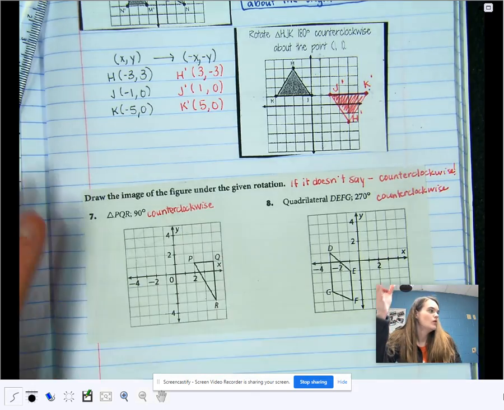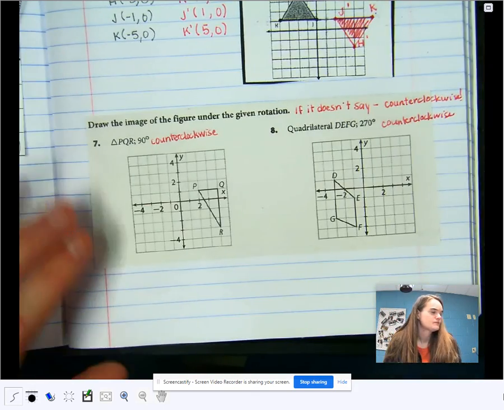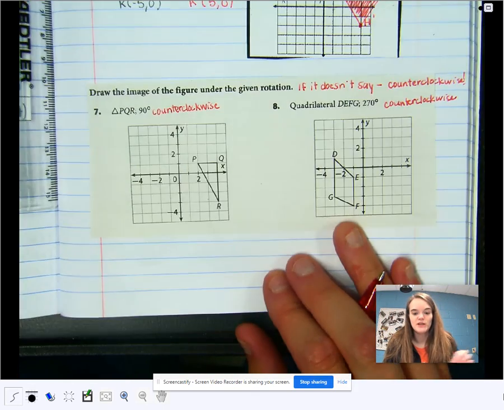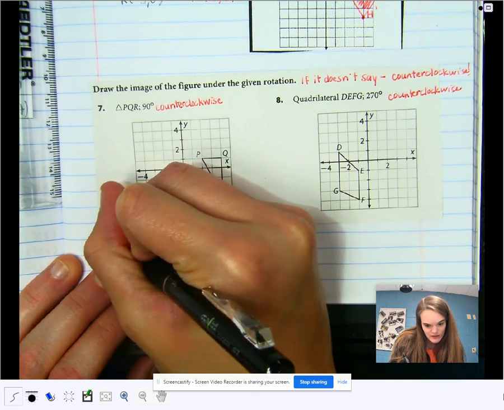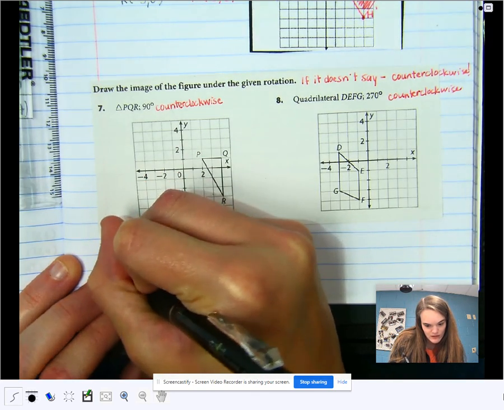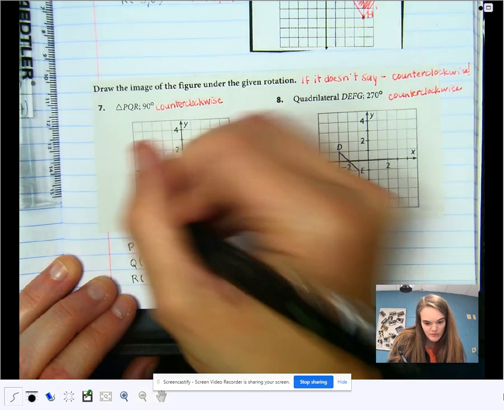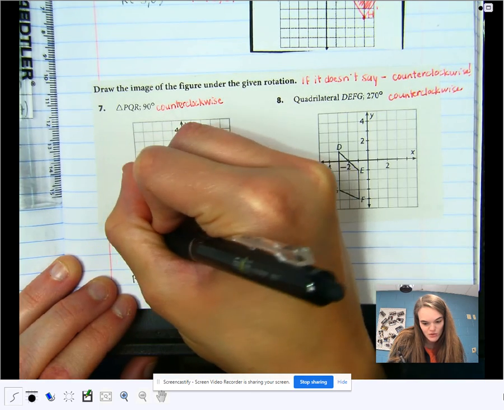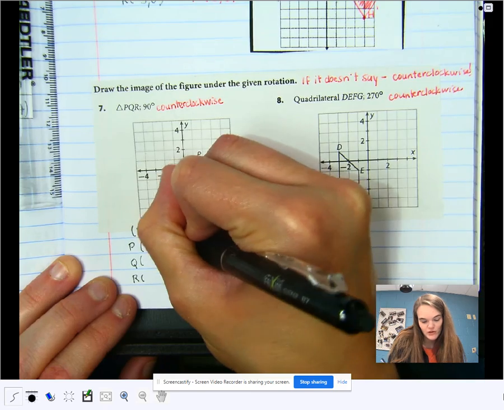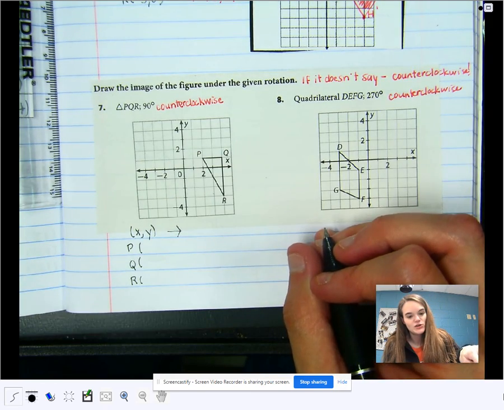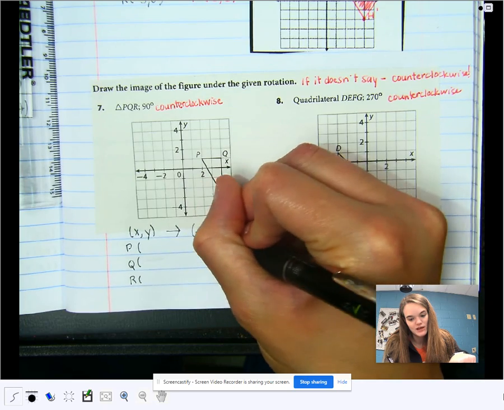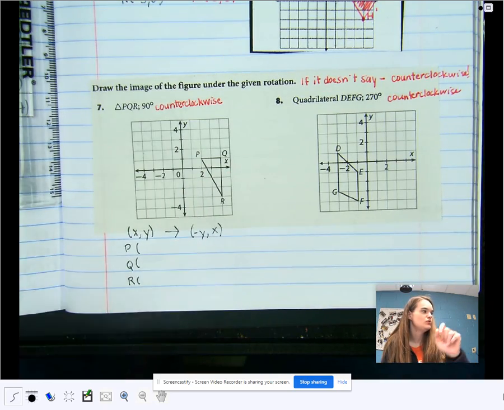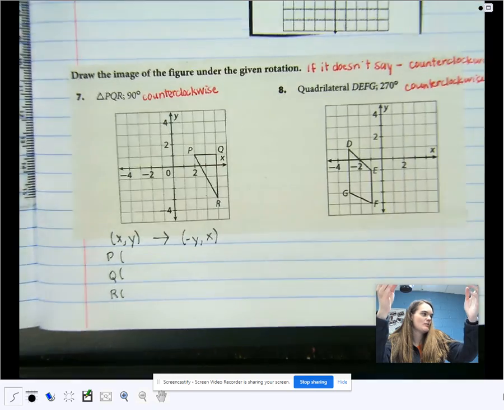Okay, so we're going to write down the points for PQR. PQR, we got X, comma, Y, maps to. The rule, 90 degrees counterclockwise, is negative Y, comma, X. That's what I will do to find P prime, Q prime, and R prime.